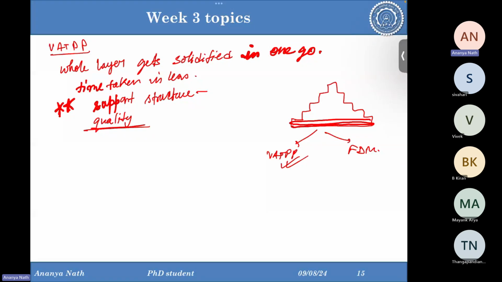But again, if there is a lot of overhanging portion, then only you need a support. But the tolerance here is much higher. Then yeah, so these are some important points in this wet photopolymerization technique.